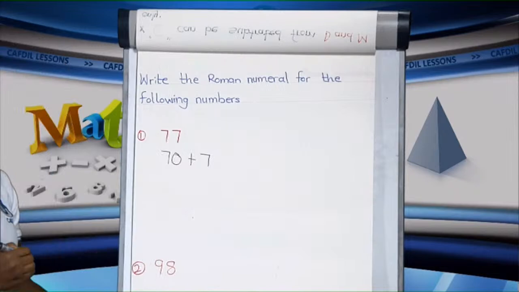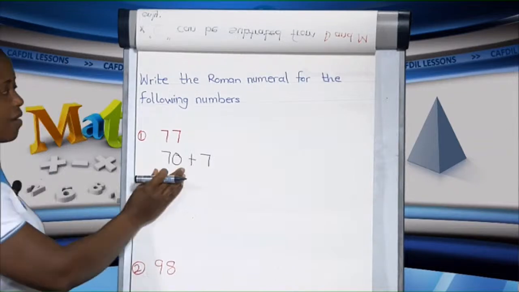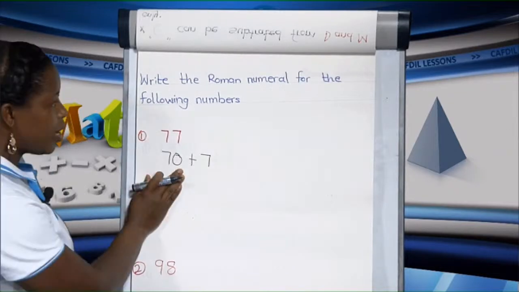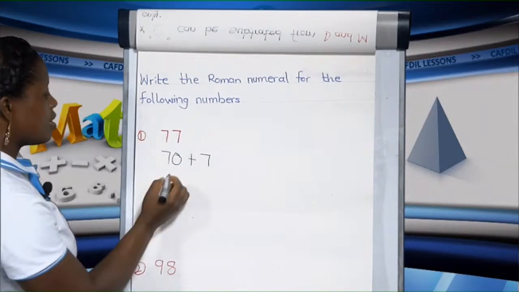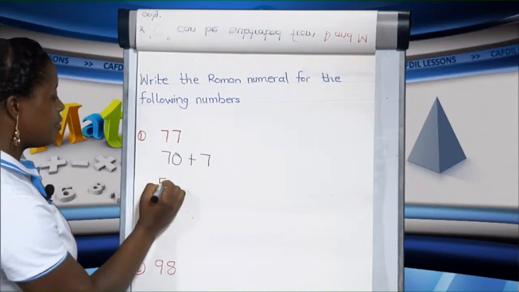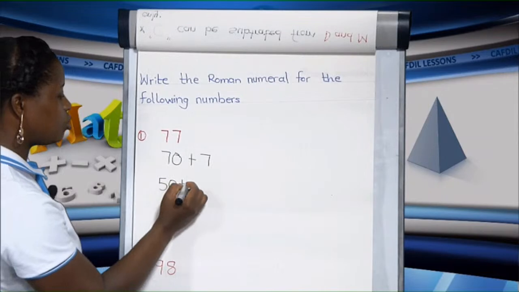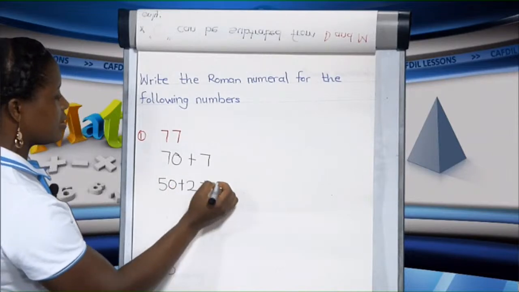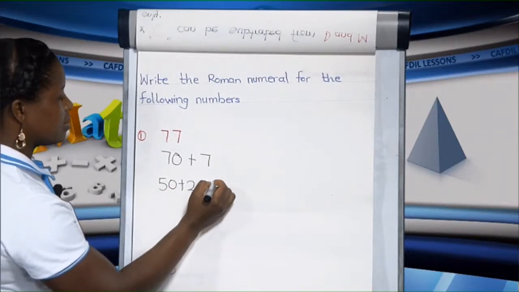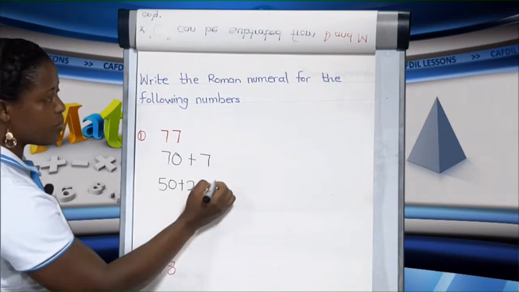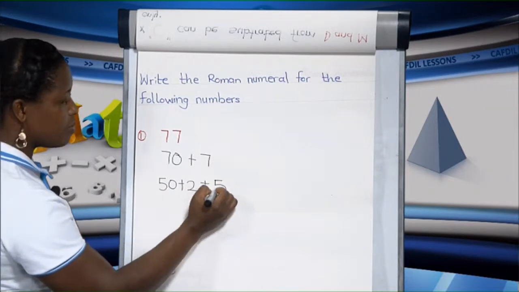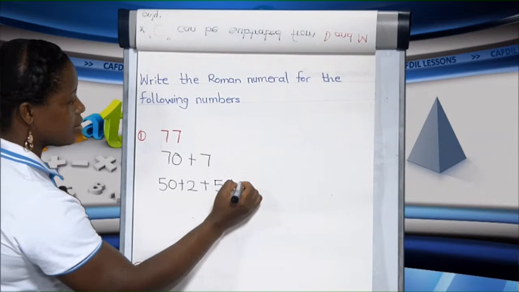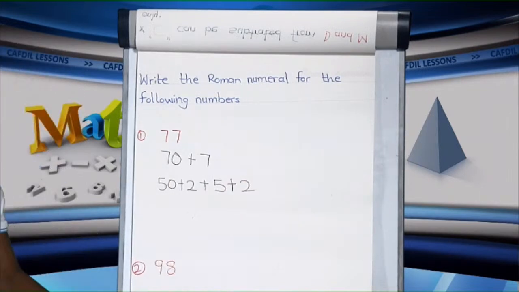70 plus 7. And this 70, we can have 50 plus 20, and this 7, we can write it as 5 plus 2. I hope you are following.